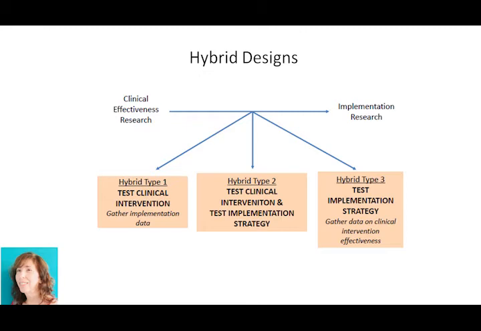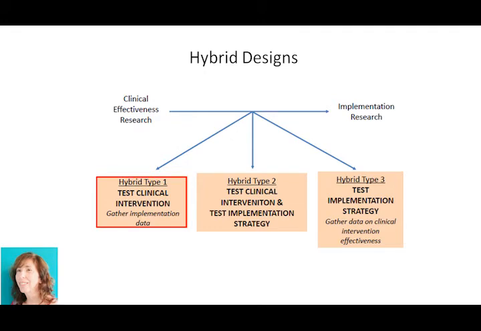According to the hierarchy of clinical effectiveness versus implementation in the study, we can distinguish 3 types of hybrid designs: type 1, 2, and 3. The 3 types of hybrid designs vary basically on the amount of emphasis on effectiveness versus implementation outcomes.